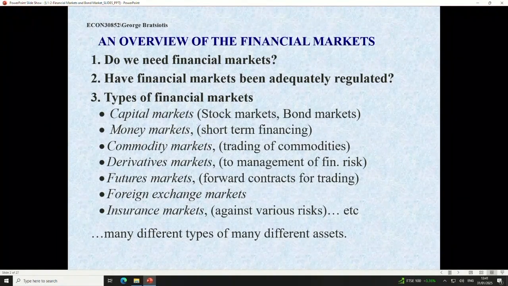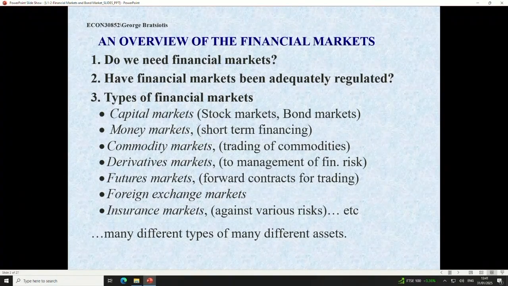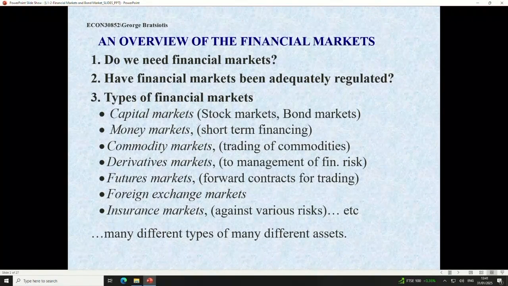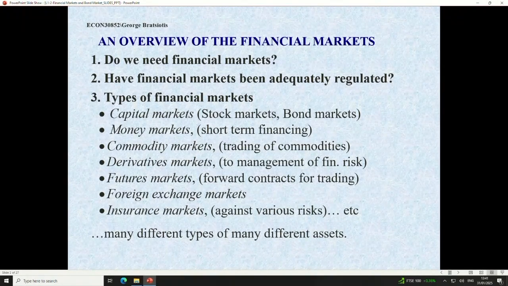They can cover everything from houses and cars to industrial estates, shipping cargo, or even your hands or fingers if you're a musician. So these are the insurance markets, and these are some of what we refer to as the financial markets. It covers all of those things.